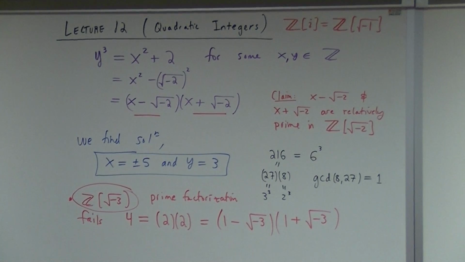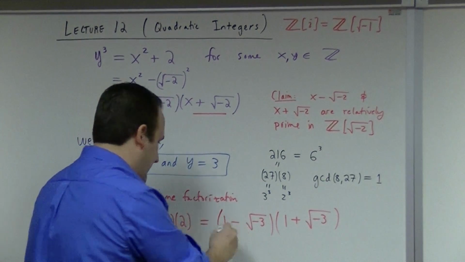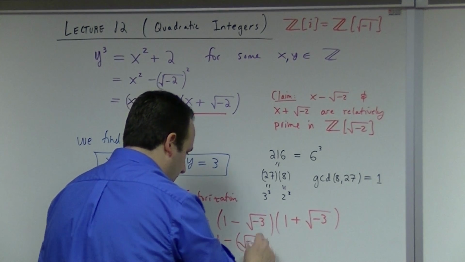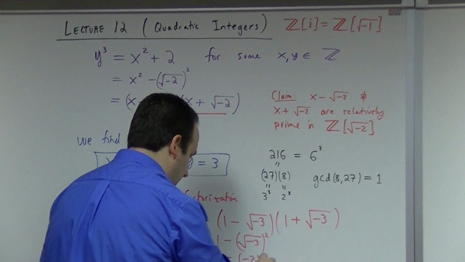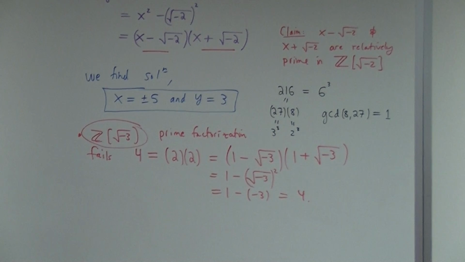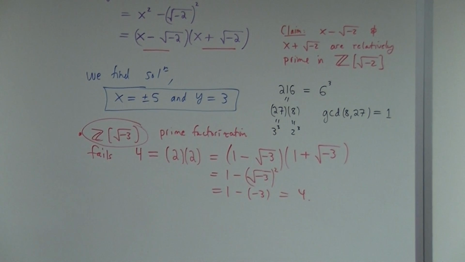No. If you multiply this out, what do I get? The cross terms cancel, right? And I'm left with 1 minus the square root of -3 squared, which is 1 minus a -3, which is 4. So yeah, the square root of -3 is an important feature to that factorization. You don't get it if you just adjoin root 3.